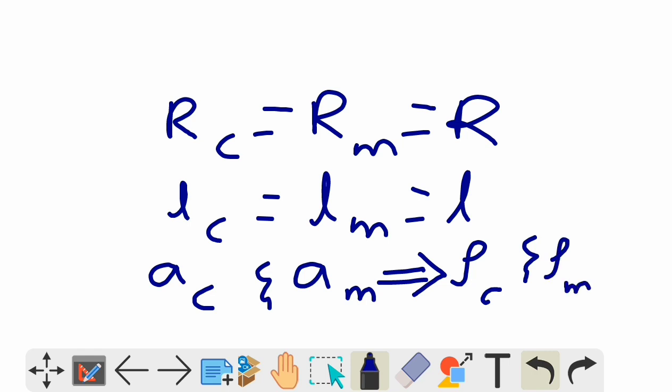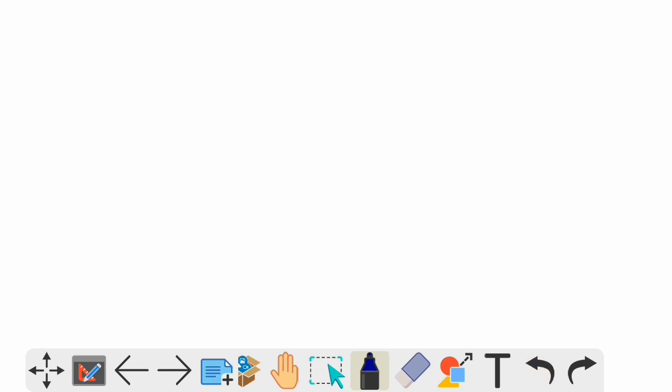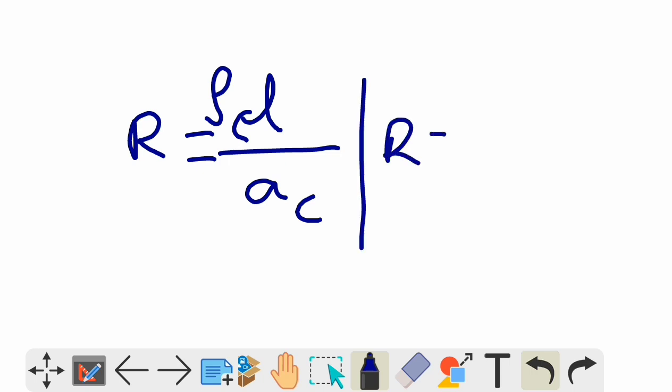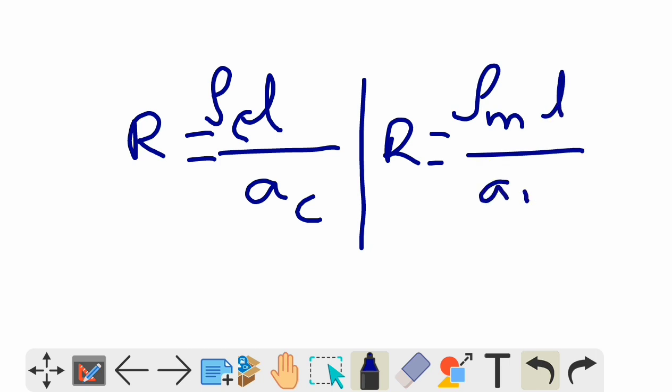Understood? Let's substitute in the formula. Now R is equal to rho L by A. So if you are writing for copper, it becomes R is equal to rho C L by AC. If you are writing for manganin, it becomes R is equal to rho M L by AM.